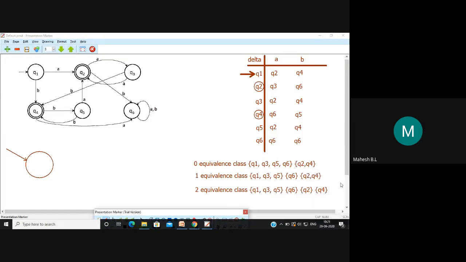In the minimized DFSM, there are 4 states. Q1, Q3, Q5 is one state. Q6 is another state. Q2, Q4 are 2 different states. Now, out of these 4 states, which is the initial state?